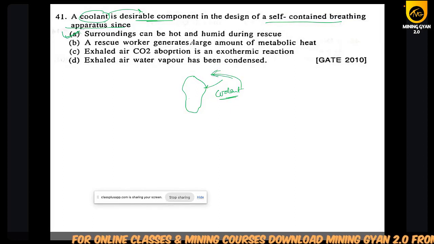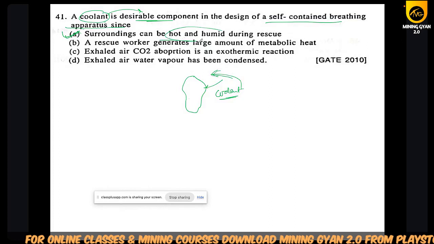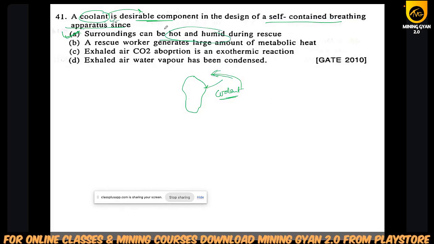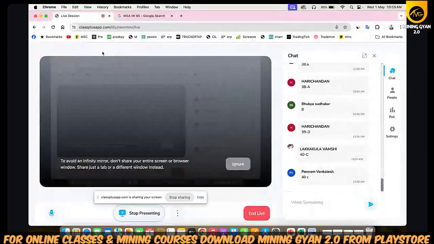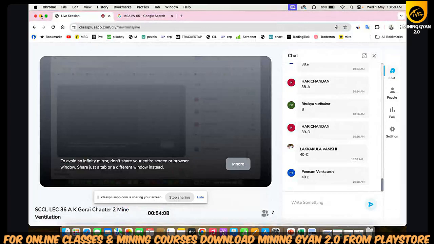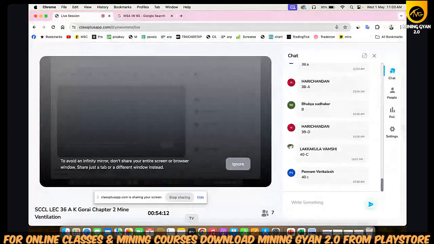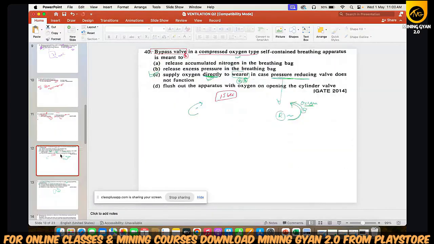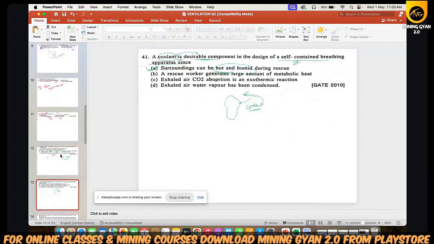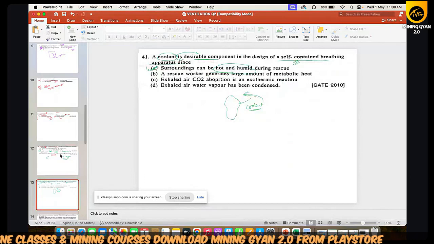So the surrounding can be hot and humid, so the coolant is a component in the self-contained breathing apparatus. Vamsi and Venkatesh gave their answers, but they are on 40. Okay, they are correct. And for 41, I told you why we use coolant.